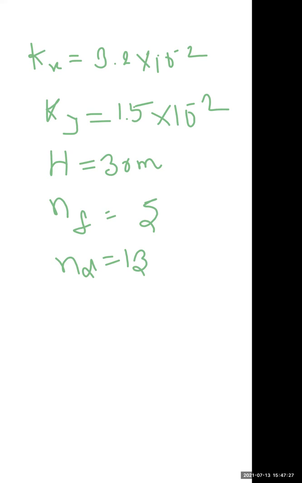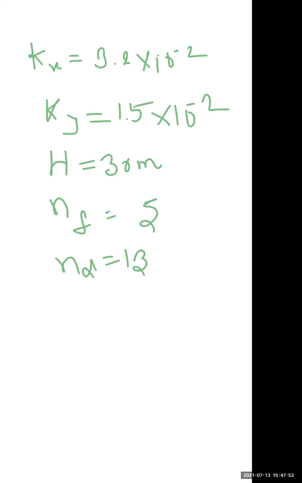So this information is given: permeability in horizontal direction, permeability in vertical direction, the head H from the filter is 30 meter, NF for the flow net equal to 5, and equipotential drop is given as 30. So we have to find the seepage discharge, Q equal to K equivalent H NF by ND.